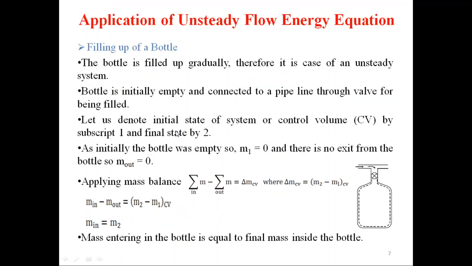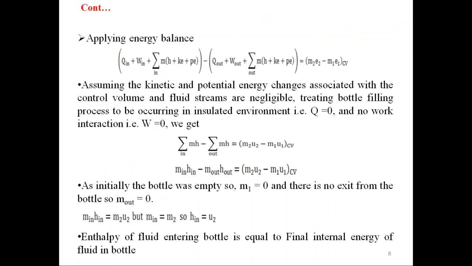As you can see in the diagram, we have considered this bottle as insulated, so there will be no heat transfer going away from the bottle and also there is no work interaction. So in this case, the value of Q will be equal to 0 and W will be equal to 0.